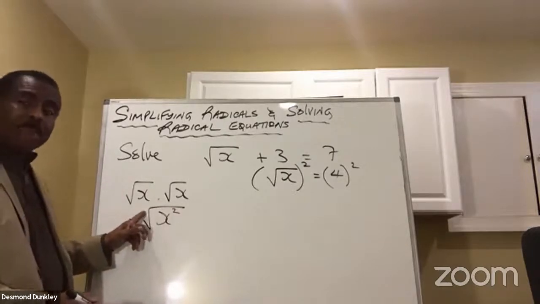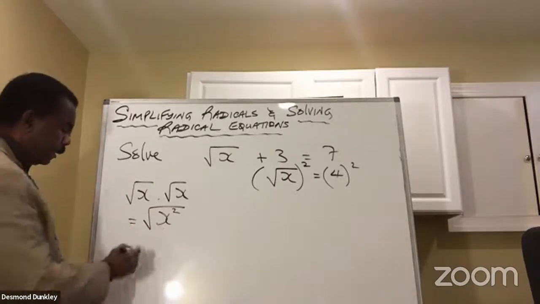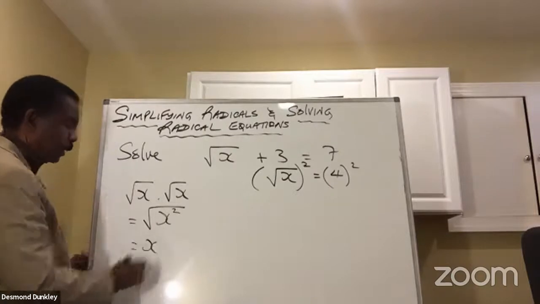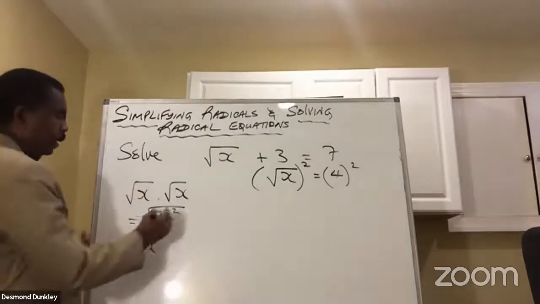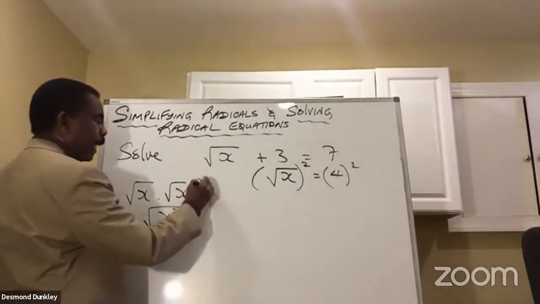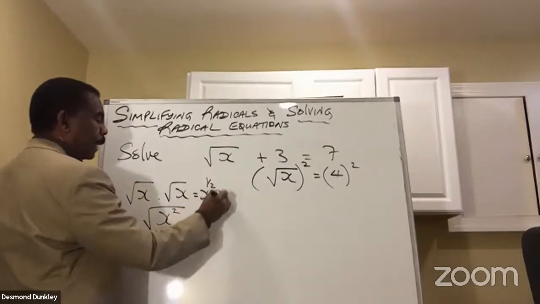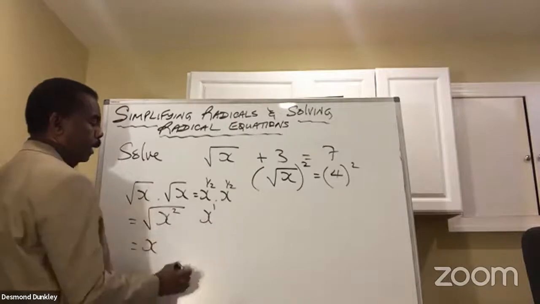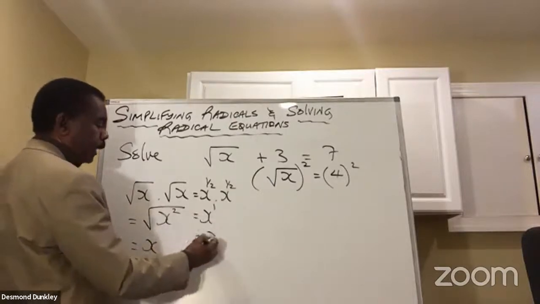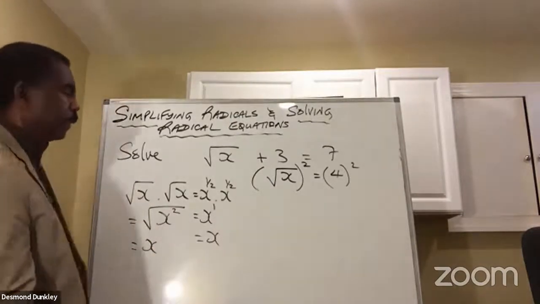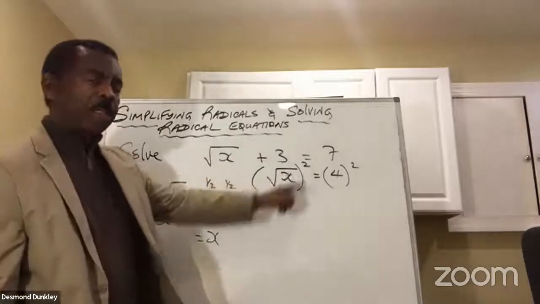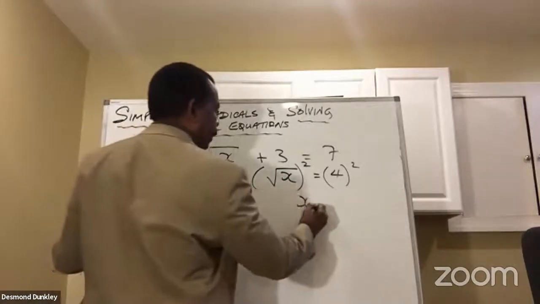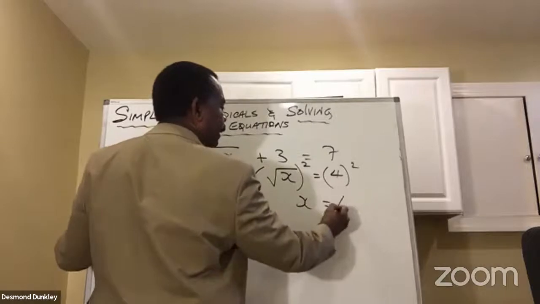Square root is what times itself gives you this. So we know that the answer is just x. Or you could say this is x to the half times x to the half, which is equal to x to the power 1, which we just write as just plain x. The square root of x squared is x. 4 squared is 16.